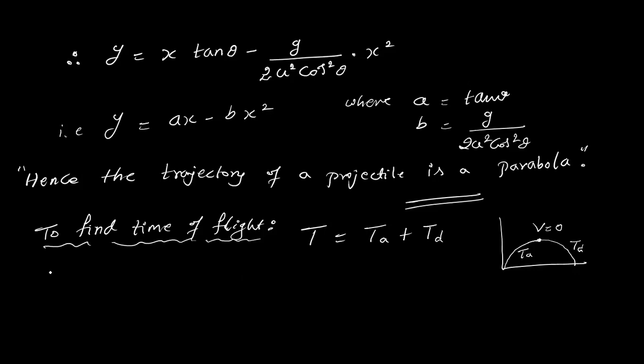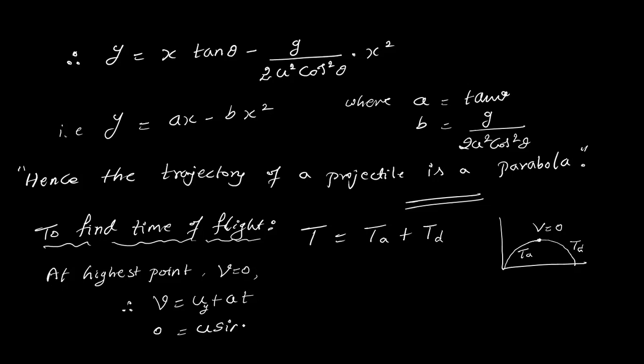Here at the highest point, the vertical component of velocity just becomes 0. I can take v as 0. Now, therefore, from the equation v is equal to u plus at, I'm taking the vertical component of velocity, I'll take it as uy. So here v becomes 0, and this is u sine theta.